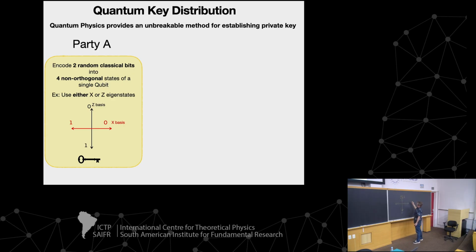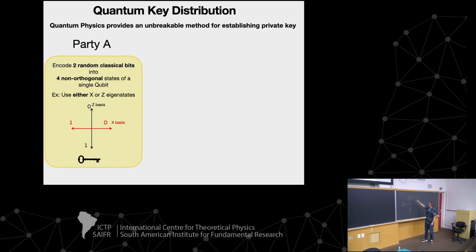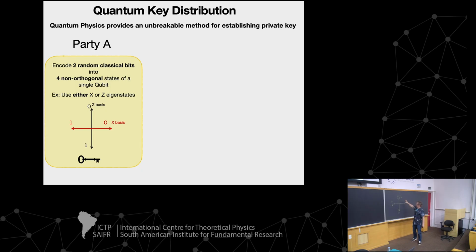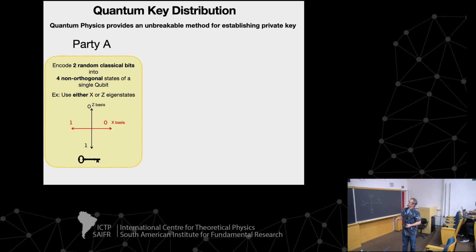If it's 0, 1, this would be the plus X eigenstate, and if it's 1, 1, it would be the minus X eigenstate. So based on the value of these 2 bits, you encode one of these 4 states, and these are non-orthogonal. They're the eigenstates of 2 different Pauli operators. So that's how you encode the information.